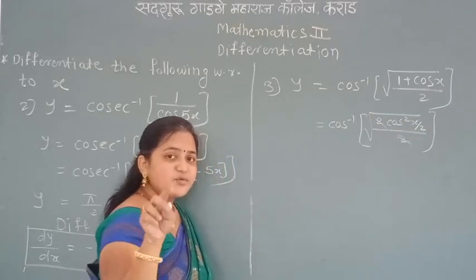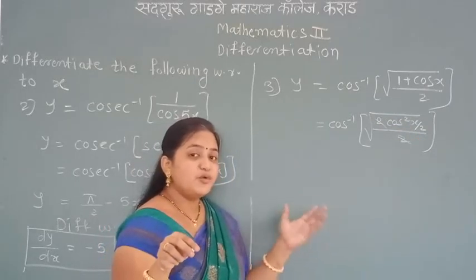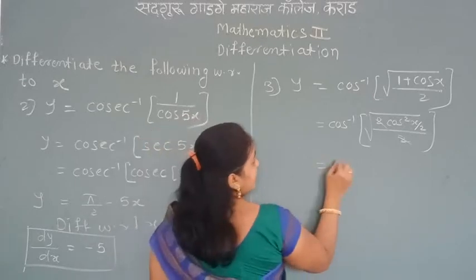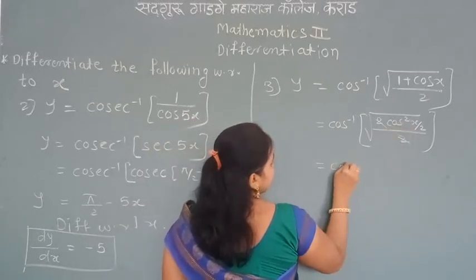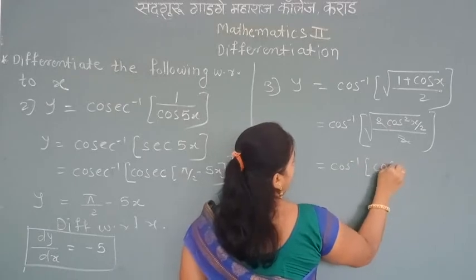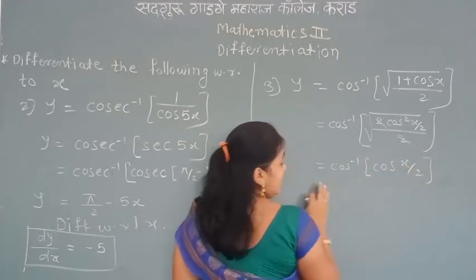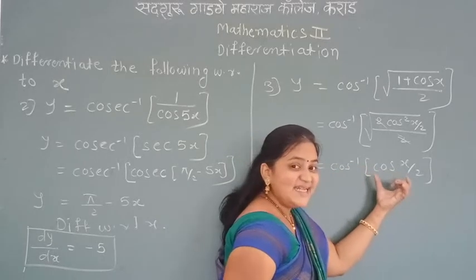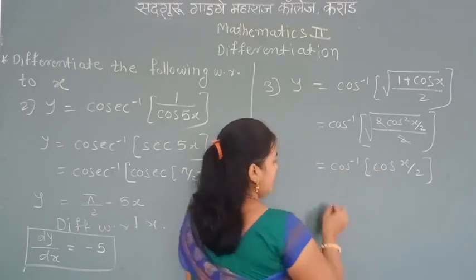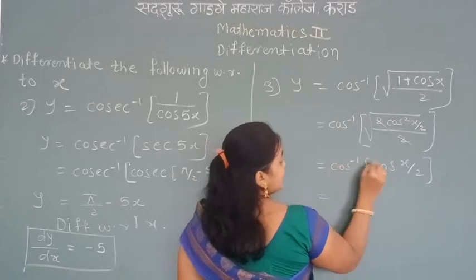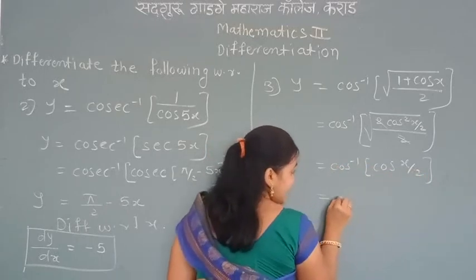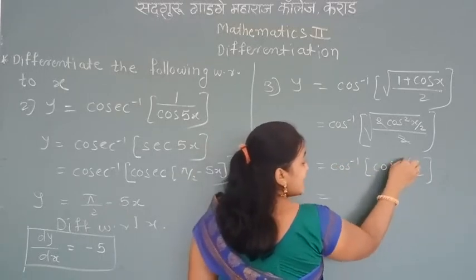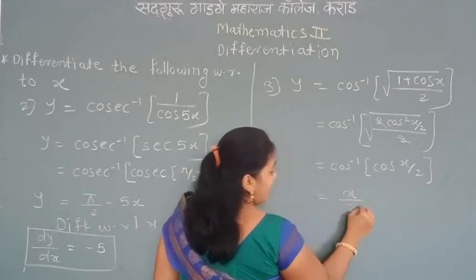Square root of cos square x by 2, square root is deleted because of the squaring term. So cos inverse inside the bracket cos x by 2. So it is very easy to form cos inverse of cos. That time we use only the identity formula. What is our identity formula? Cos inverse of cos x, we can write only x. So here cos inverse of cos x by 2, we can write x by 2 only.